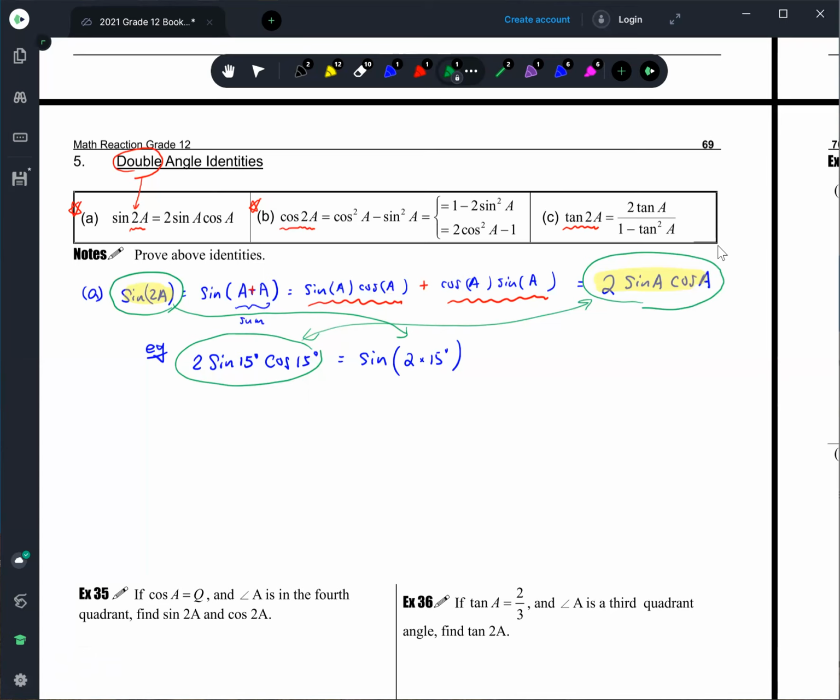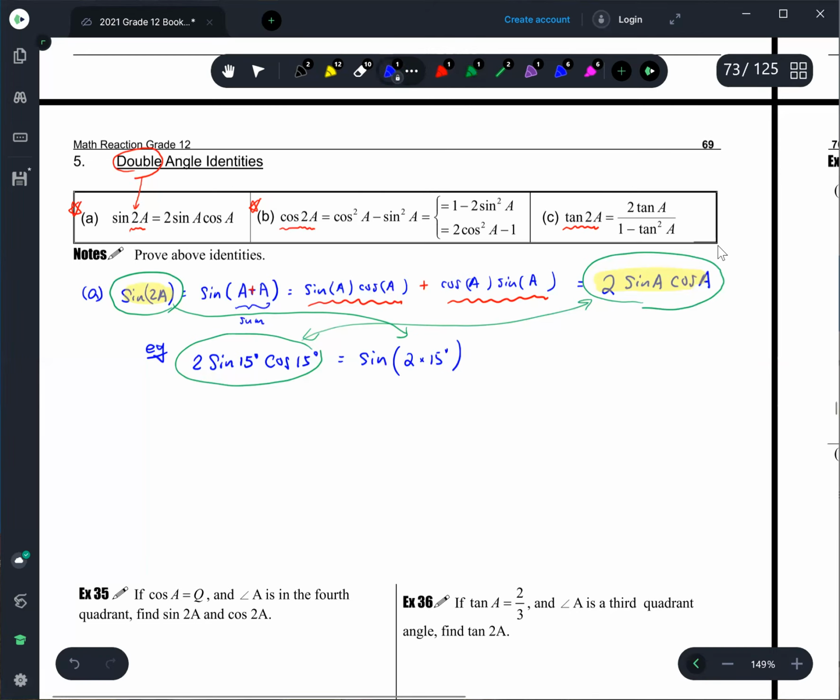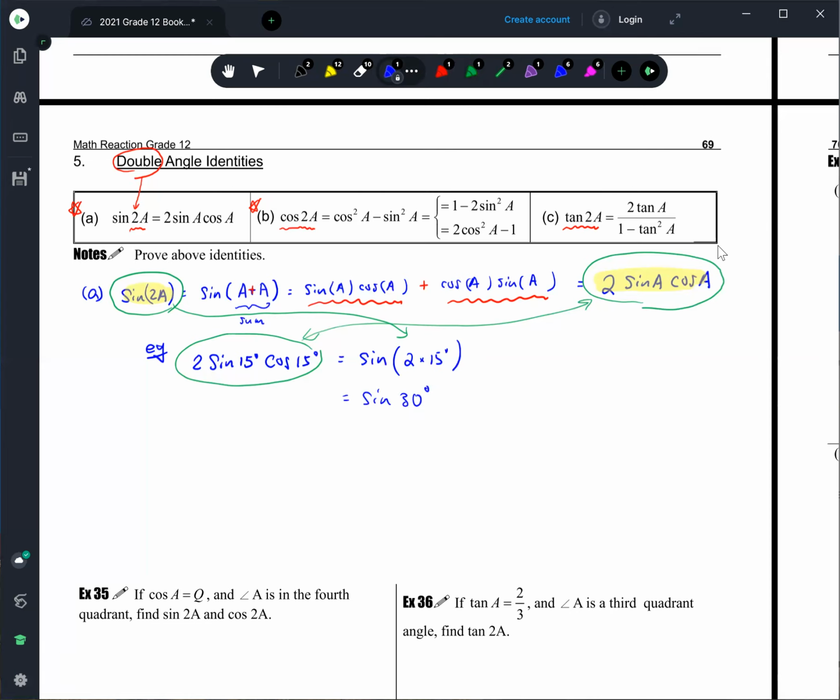We're using something that's not special: 15 degrees is not special. But if I double it, it becomes 30 degrees, and that's special. That we can find the exact value for. So that's the purpose of the double angle. We can take something that's not special, and by doubling it, it becomes special.